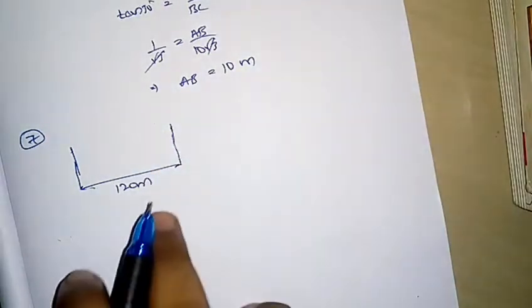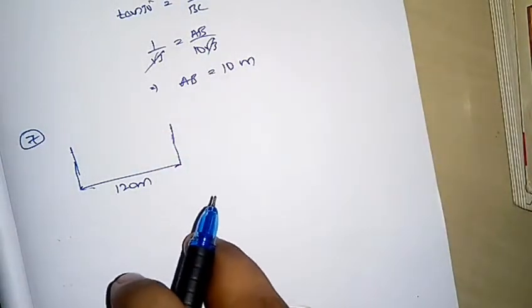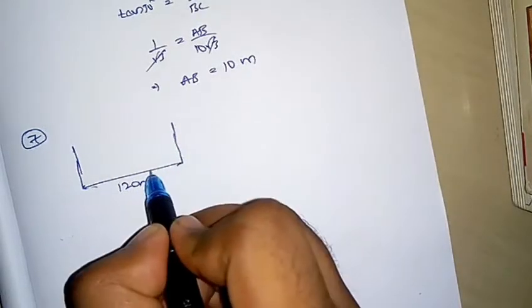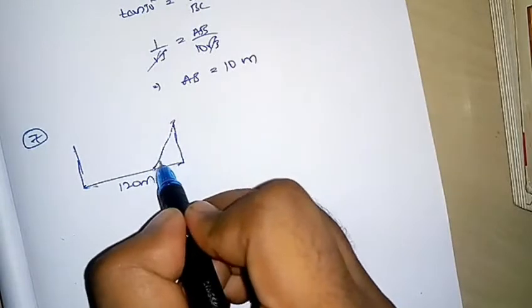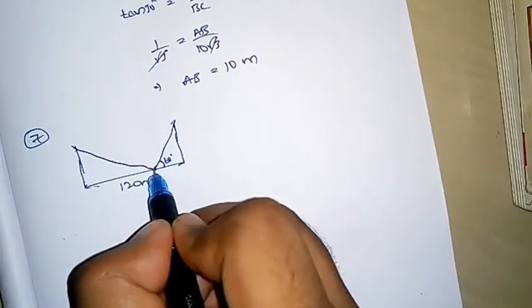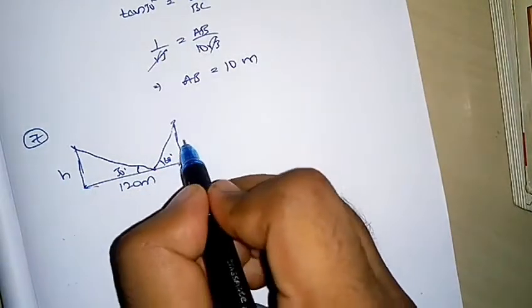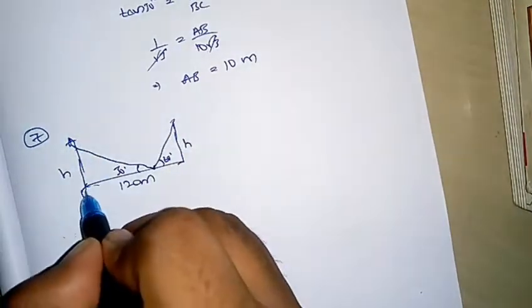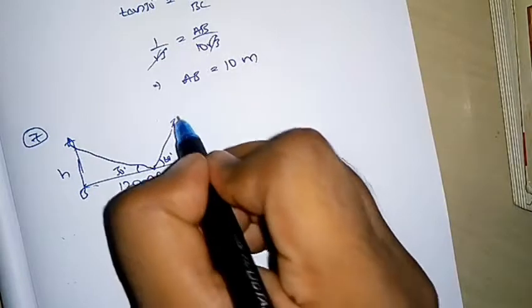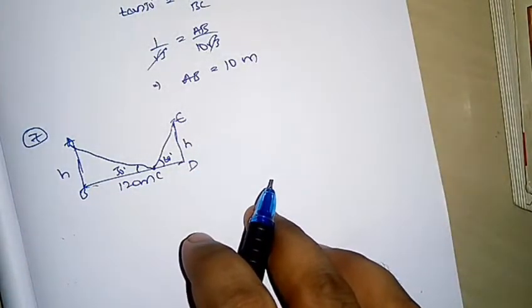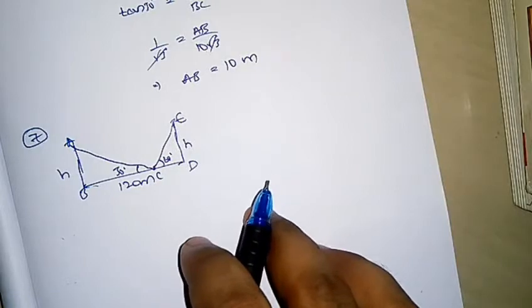From a point between them on the road, the angles of elevation of the tops of the poles are 60 degrees and 30 degrees. Let the height be h. Let these be A, B, C, D, E respectively. Find the height of the poles and the distance of the point from the poles.